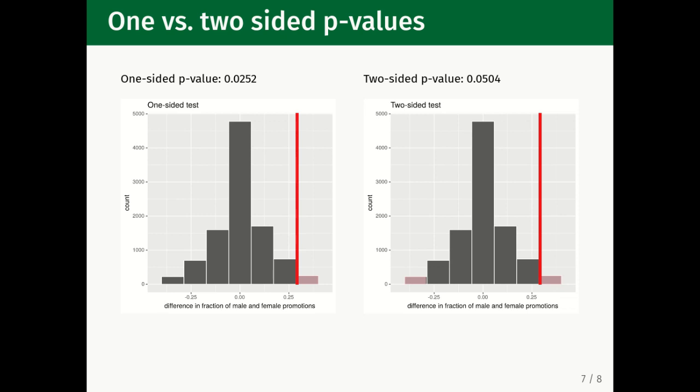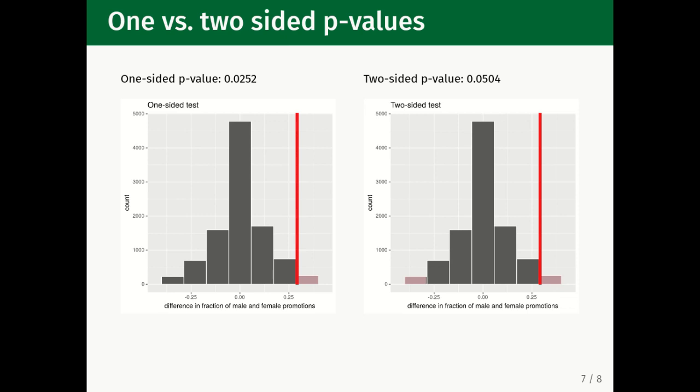The p-value is now larger than alpha, so we fail to reject the null hypothesis. This example illustrates a great point about the difference between these two types of tests. Two-sided tests are much more conservative. Because the p-value is twice as large, we are always more likely to fail to reject the null hypothesis.